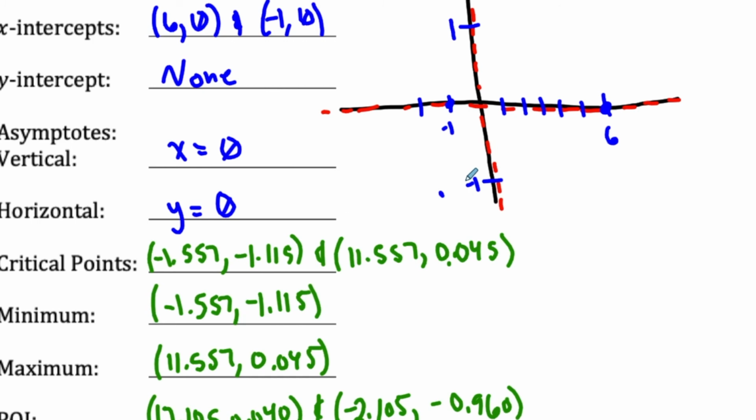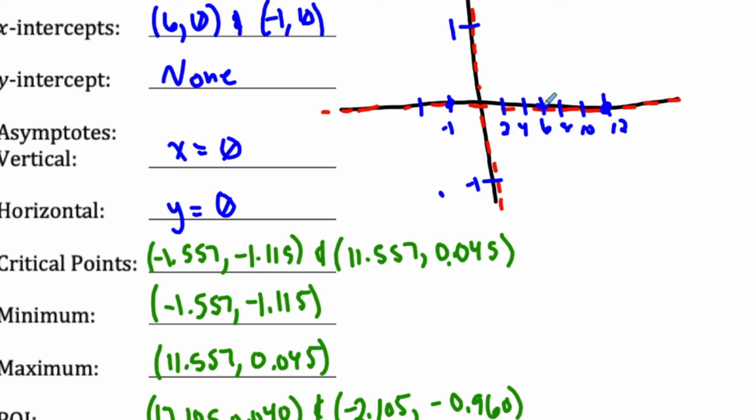And then we had another critical point at 11, which actually I'm going to change. I'm going to say that these are increments of 2 over here, so that way we can fit everything up here. So 2, 4, 6, 8, 10, 12.